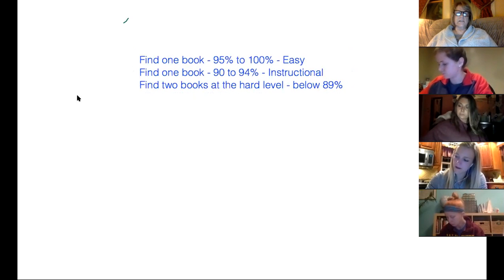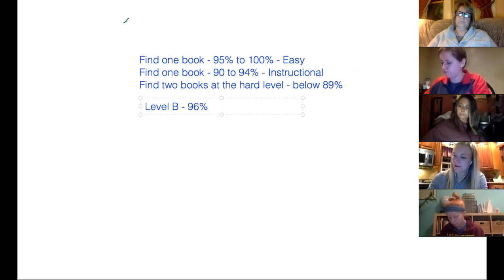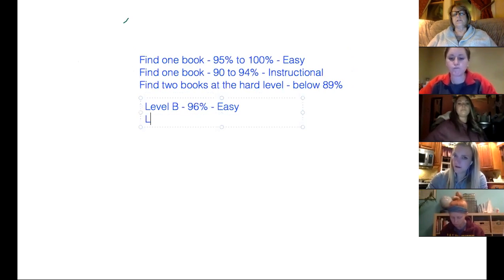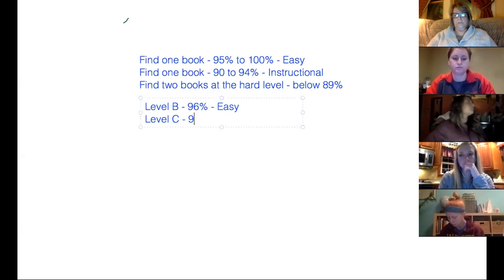So let's look at some examples. Let's say we have a level B book and the child reads 96%. That's easy, so you're going to go and test with the level C book. Let's say that's 98%.